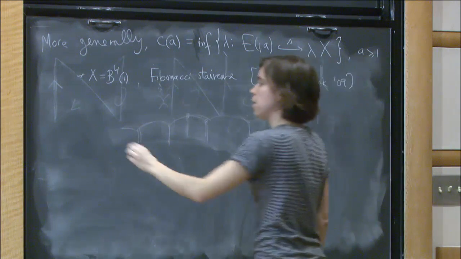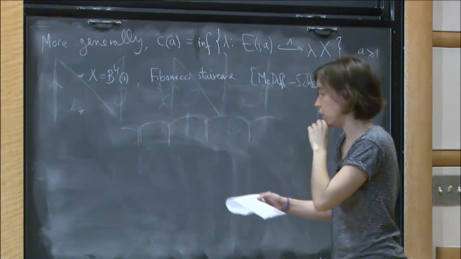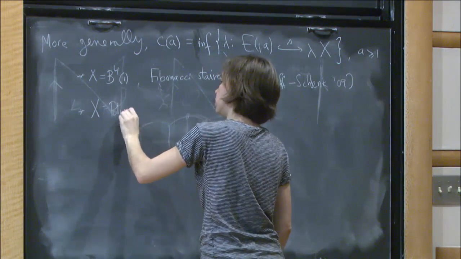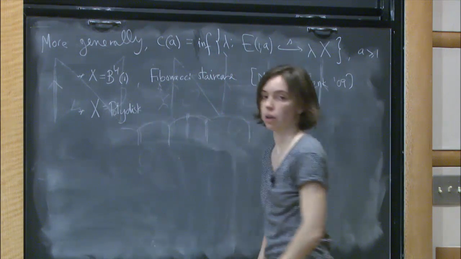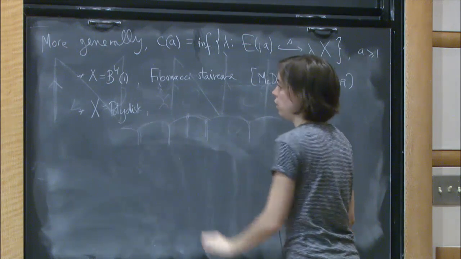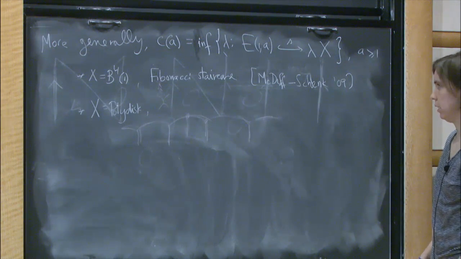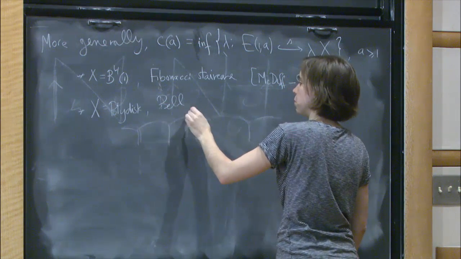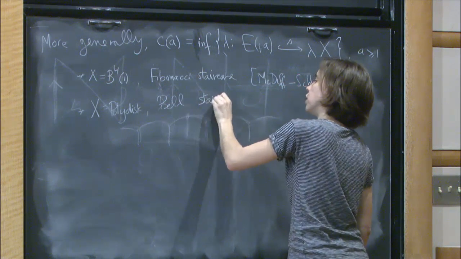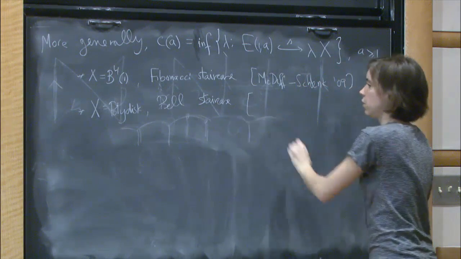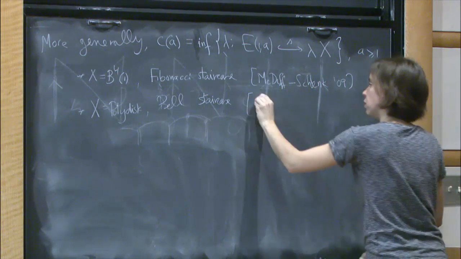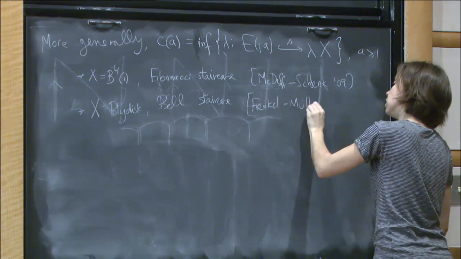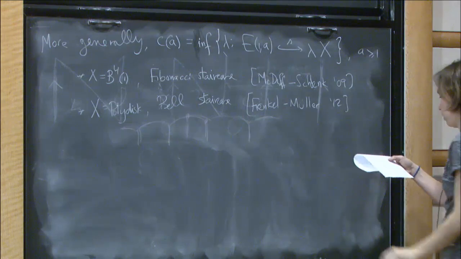Then it has also been studied when X is equal to the polydisk, just D2 cross D2. And here you also get an infinite staircase. Instead of the Fibonacci numbers, it involves the Pell numbers, another recursive sequence. So the Pell staircase would be Frenkel, 2012.